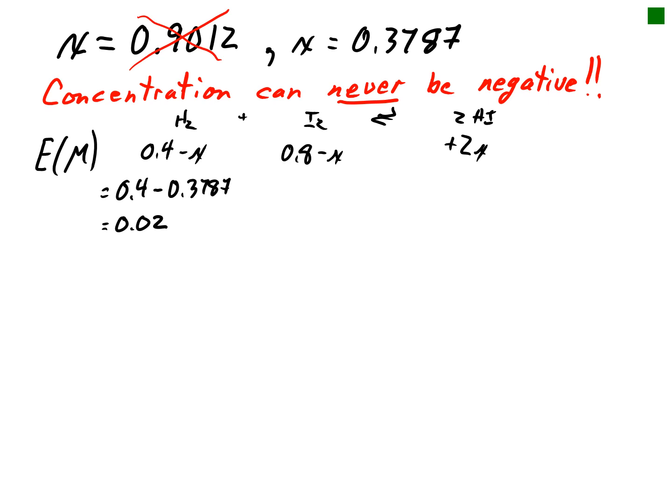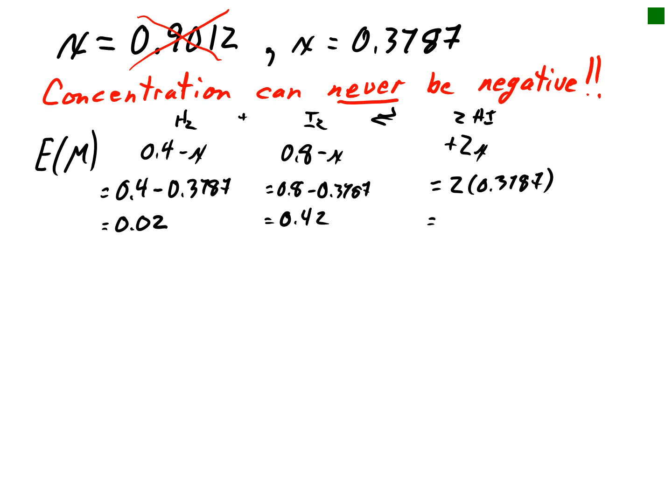The iodine is going to equal 0.8 minus 0.3787. That's going to equal 0.42. And for the concentration of hydrogen iodide, that's going to be 2 times 0.3787.